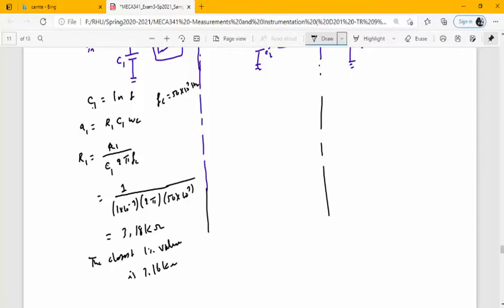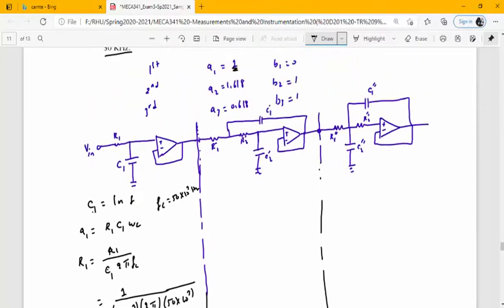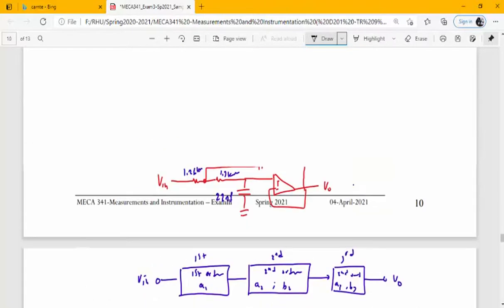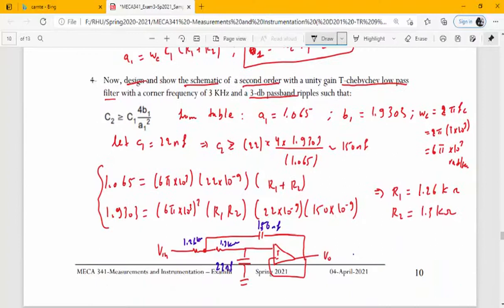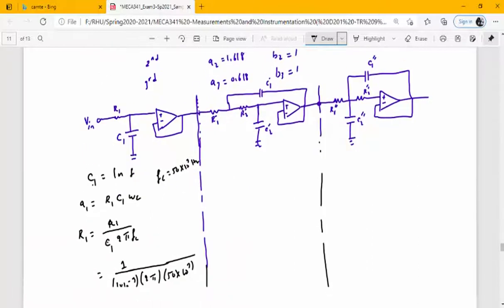Now again you should be looking over the transfer function of this second part. This is the transfer function, this is A1 and this is A2. As we did on this part, we assumed C1 and C2, and we solved for R1. That's what we are going to do in this case.